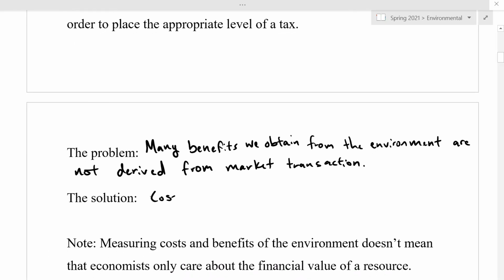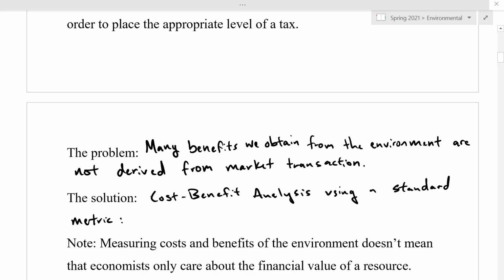Well, we still need to do cost-benefit analysis. But this is going to be a cost-benefit analysis using a standard metric, and the metric that we're going to use is some sort of monetary value, for example, dollars.